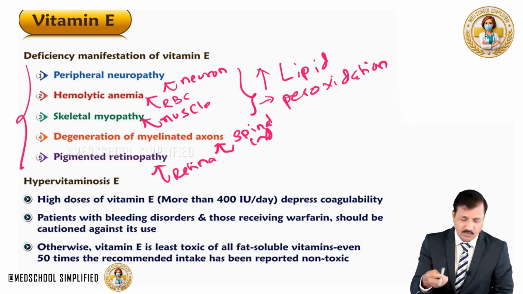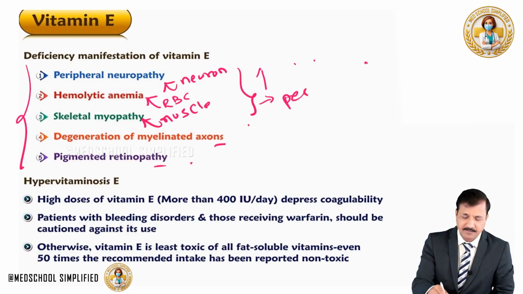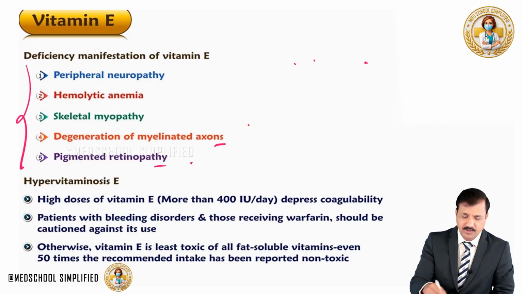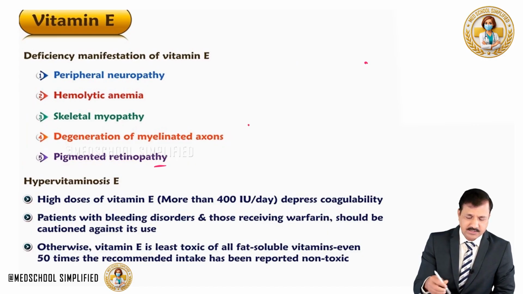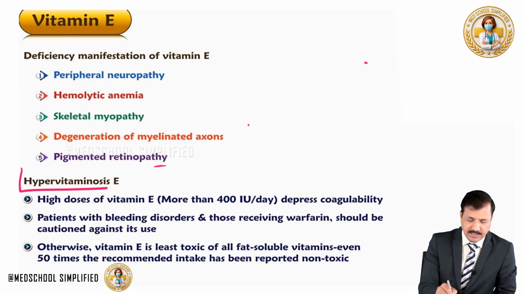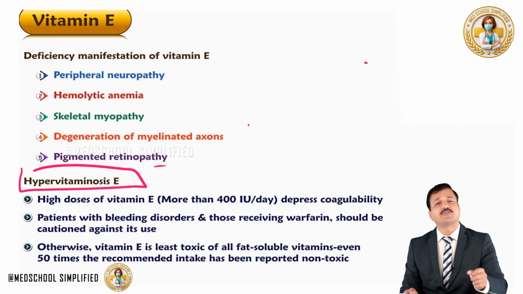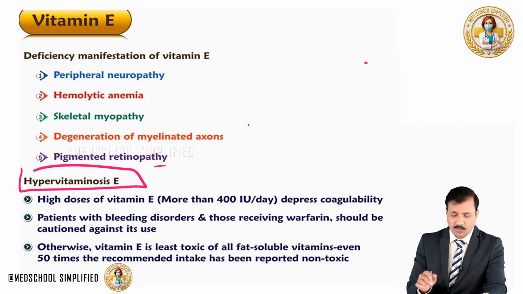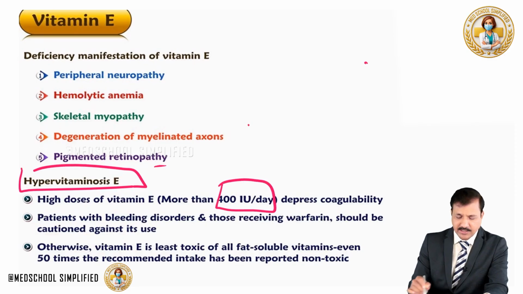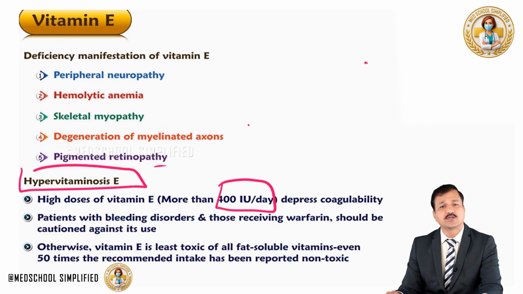Coming to hypervitaminosis E. What is hypervitaminosis E here? Hypervitaminosis E is excess vitamin E intake. High doses of vitamin E, if taken more than the normal allowed intake, that is 400 international units per day.